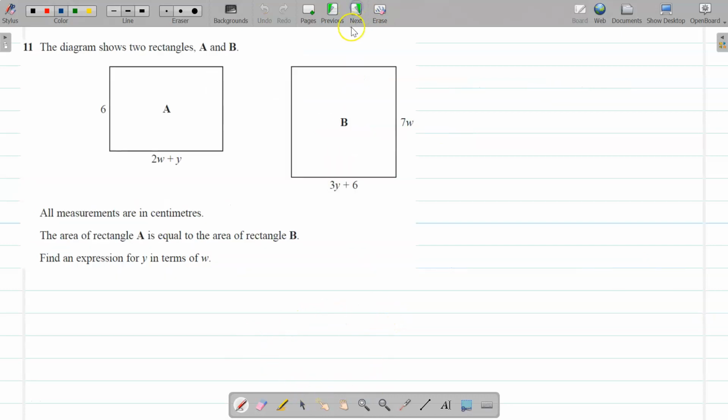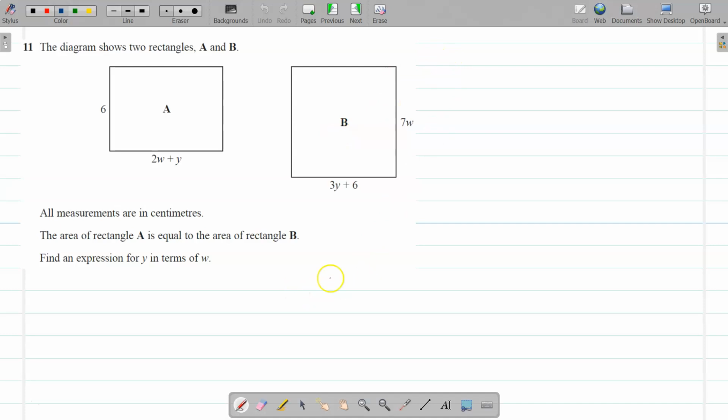Next question. We have two rectangles here. Now this question was worth 4 marks, and what you had to do is find an expression for y in terms of w. Now this is actually a question about rearranging an equation or a formula, even though it appears to be about rectangles. So what we're saying is that the area of the two are the same.